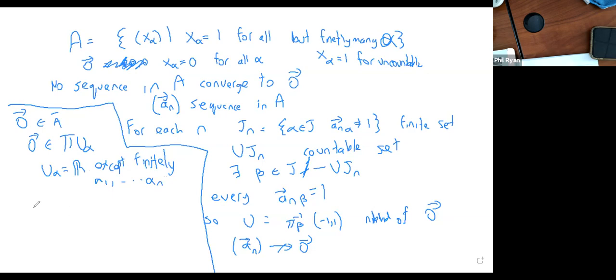And so let x alpha then equal 0 if alpha equals alpha i, and equal to 1 otherwise.